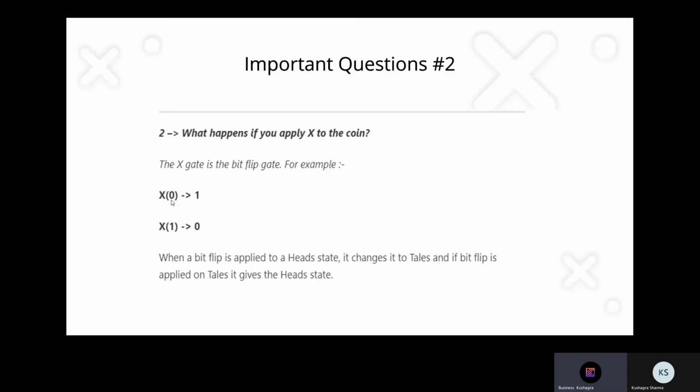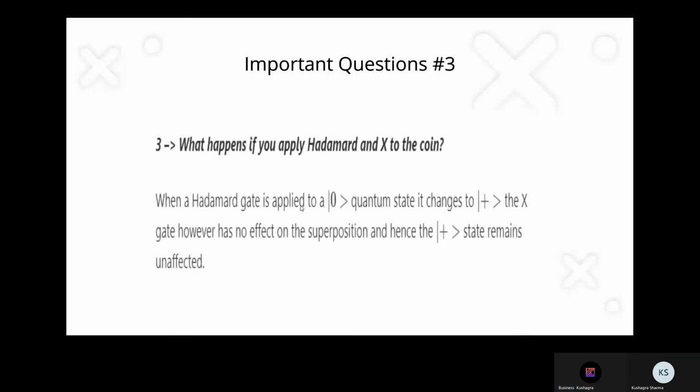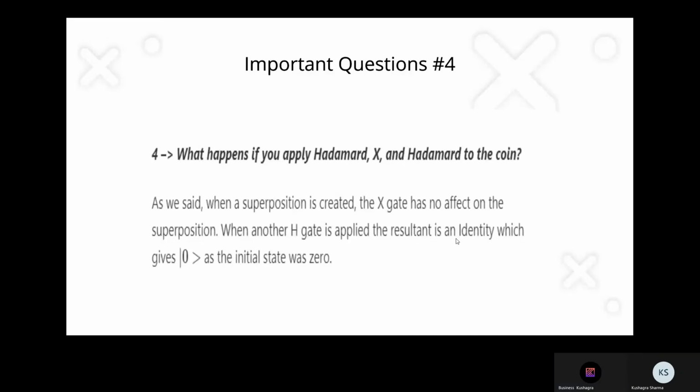Basically, it changes heads to tails and tails to heads in a classical system. When it is applied to a plus state, it has no effect. So when a Hadamard gate and an X gate are applied, the Hadamard gate on 0 changes it to the plus state, and the X gate on the plus state leaves it unaffected.